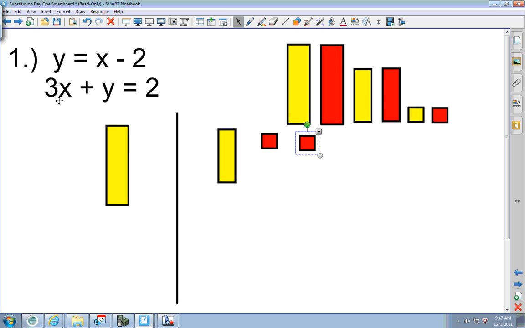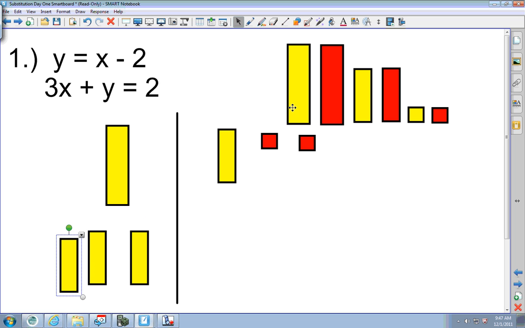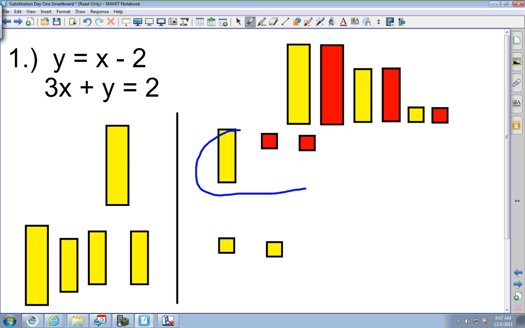The next one says 3x plus y equals 2. This is saying that 1y equals x minus 2, right here, right?